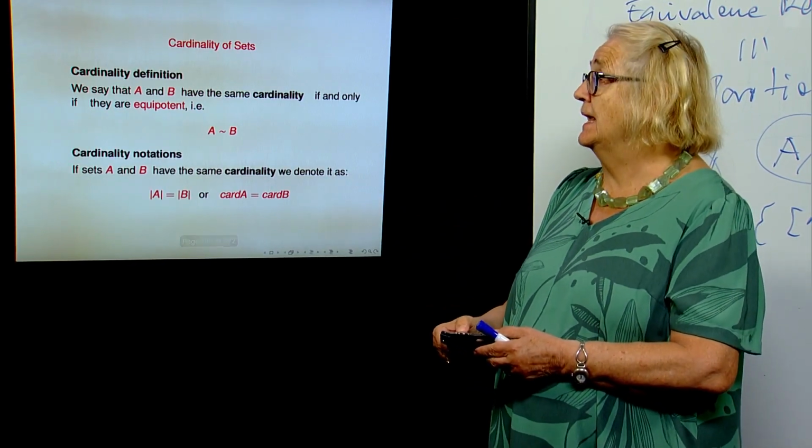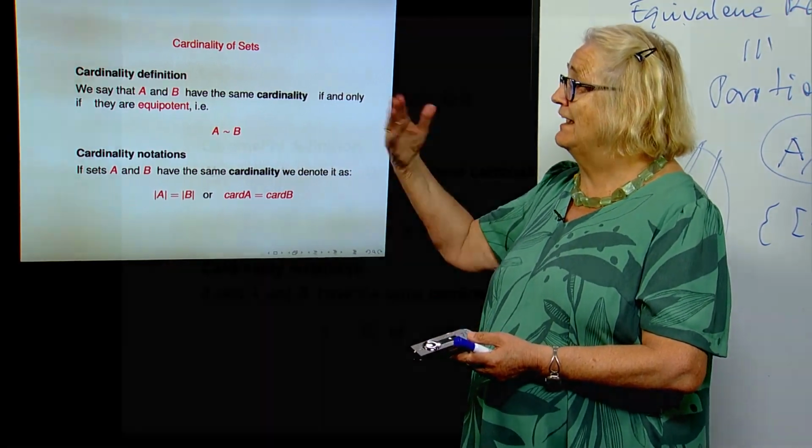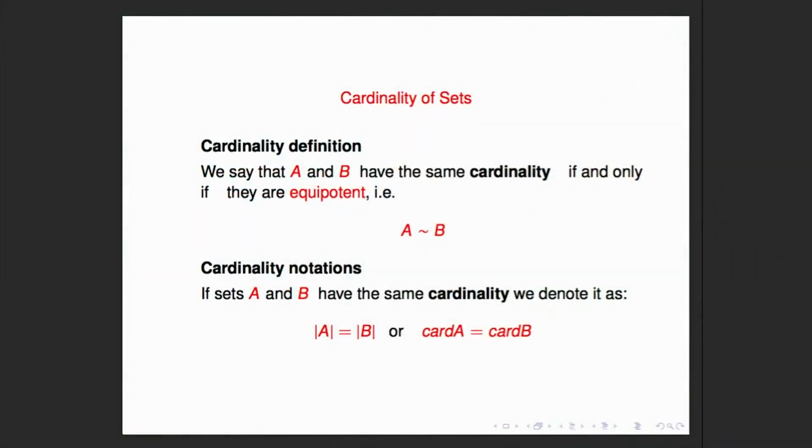So we say that they are equipotent, or they have the same cardinality, if you can map one set one-to-one onto the other.